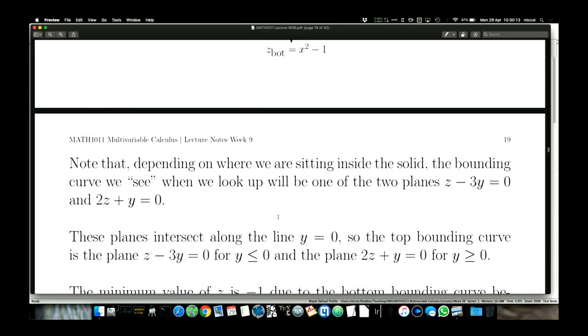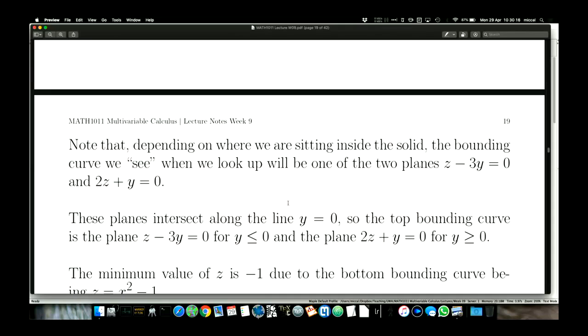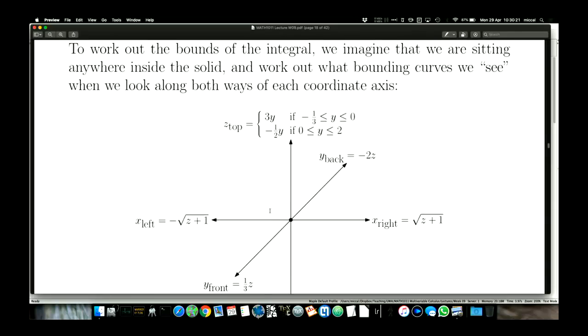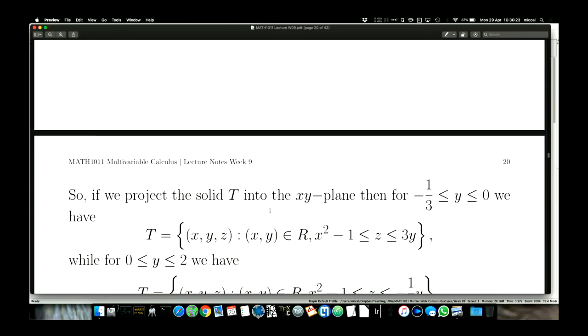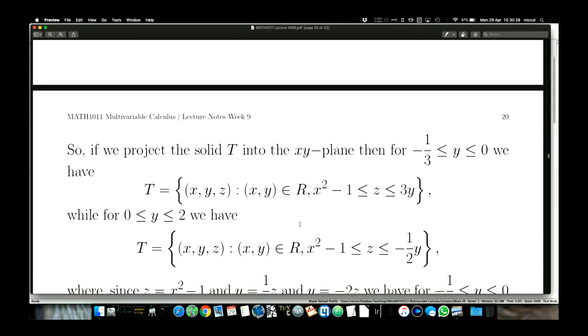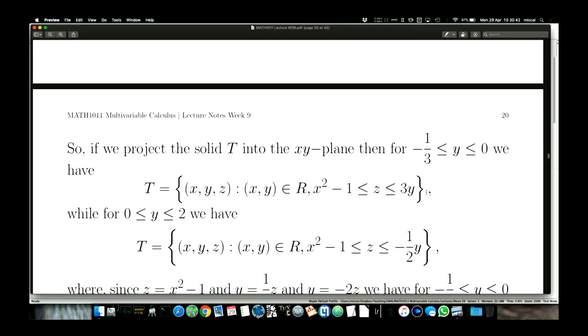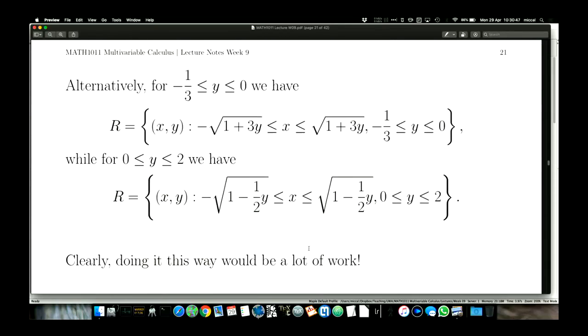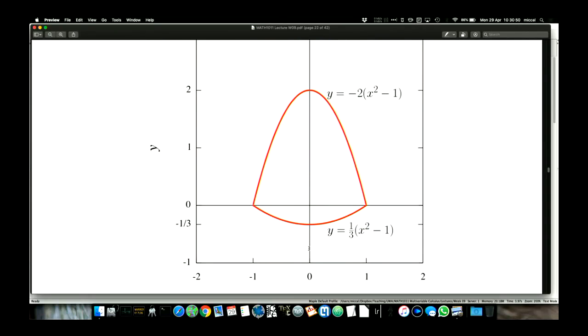Depending on where we're sitting, so this is where I'm explaining the two different z ones, this is all explaining how I figure all of this out. If I project into the xy plane, which would not be the smart thing to do here, if I've decided to integrate with respect to z first, for y between minus a third and 0, I've got z going from x squared minus 1 to 3y, and then y going from 0 to 2, and then the region I'm integrating over looks like that.